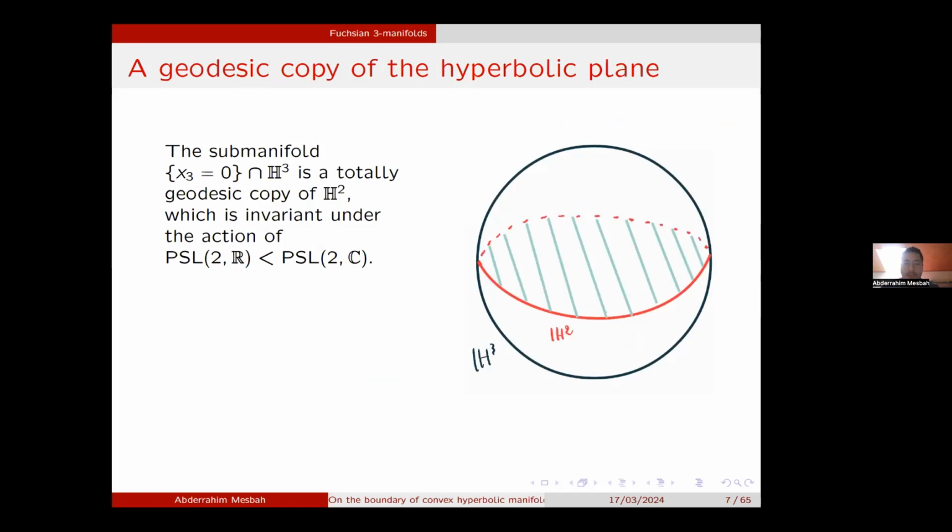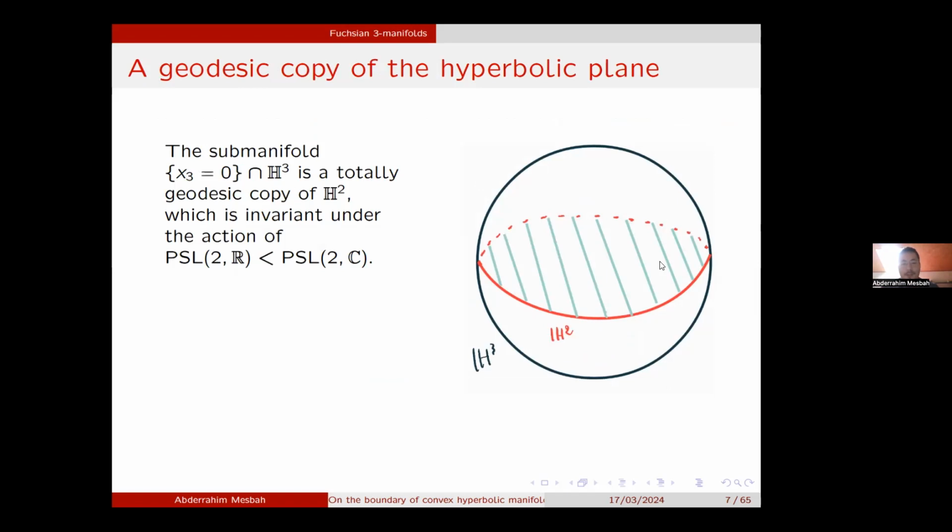And then we go back to the hyperbolic space. As I said, the hyperbolic space is the ball with that metric that we have defined. So here we take the plane x3 equals 0, the one here that you see in blue, with boundary in red.